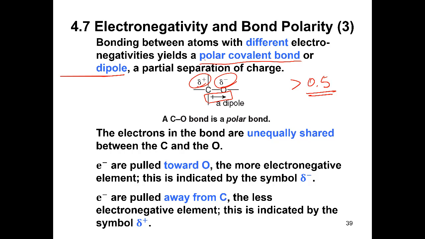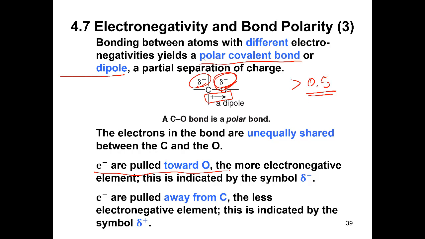Okay, so the electrons are unequally shared, and what that tells us is this end that the oxygen is on, since it's more electronegative, is going to be pulling all the electrons that are being shared closer to it, and therefore it is going to have a more negative end to that bond than on the carbon side. So the electrons are pulled towards the oxygen more.